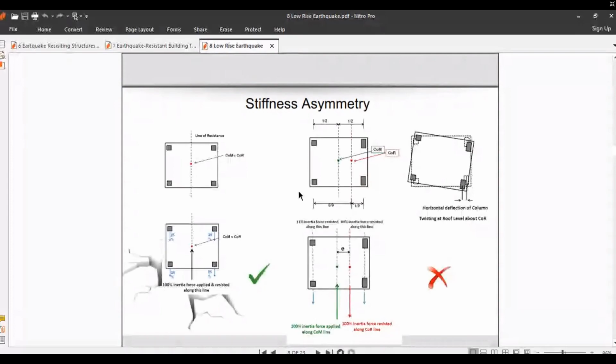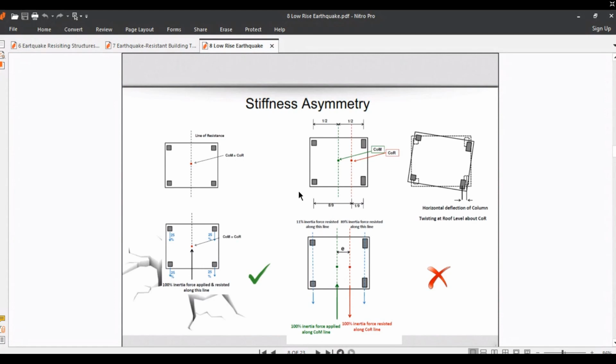In the next shapes, the center of mass is a bit different from the center of resistance, and then there is horizontal deflection. We have a horizontal deflection of columns twisting at roof level about the center of resistance.